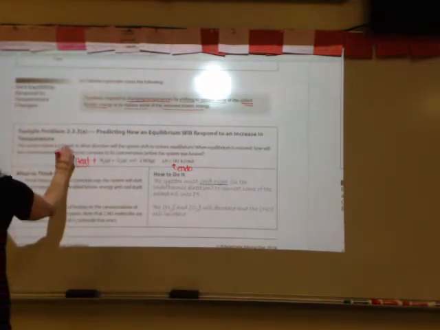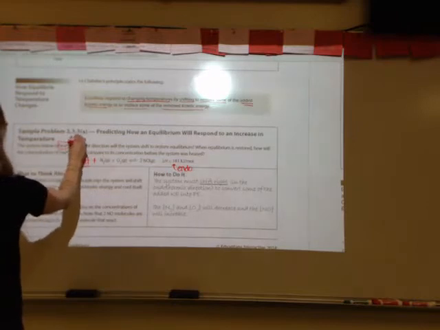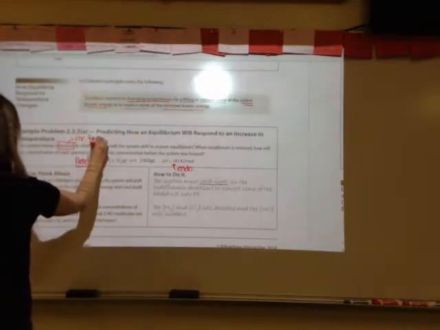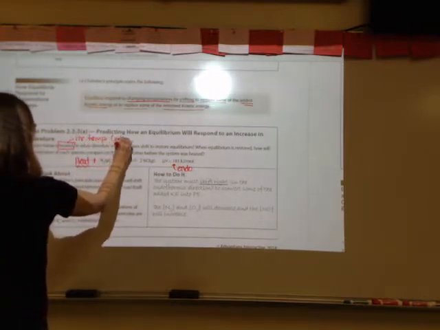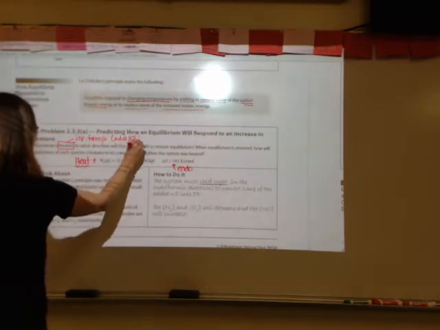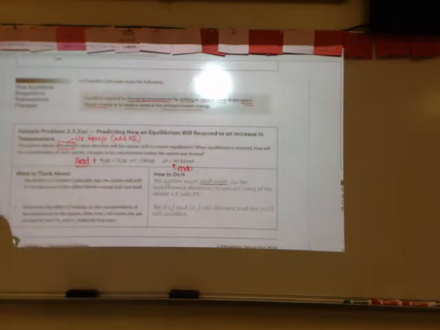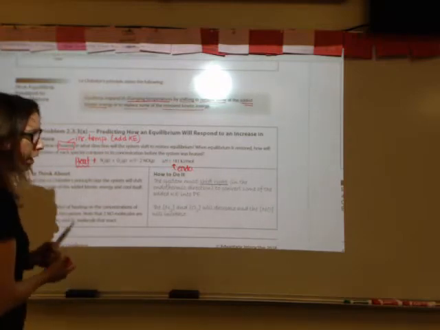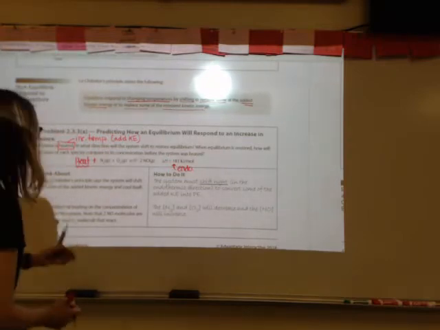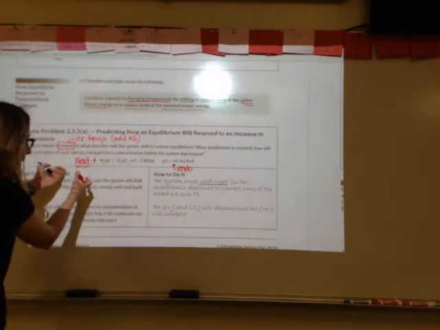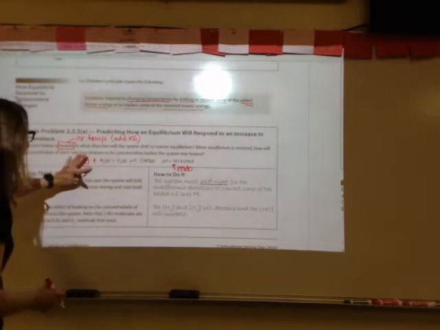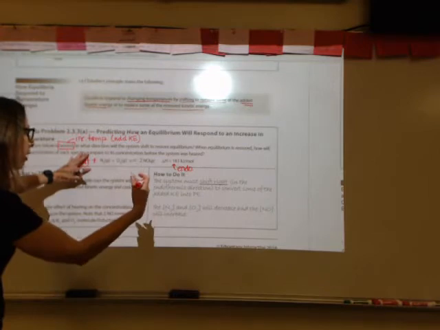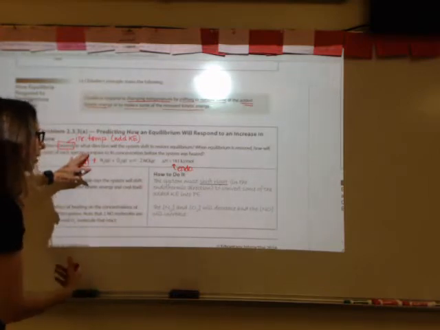If we heat this system, so I'm increasing the temperature, we are adding some kinetic energy. Anytime you increase the temperature for an endothermic process, since heat is a reactant, if I'm increasing it, I need to bring it down a little bit to help me get back to equilibrium.